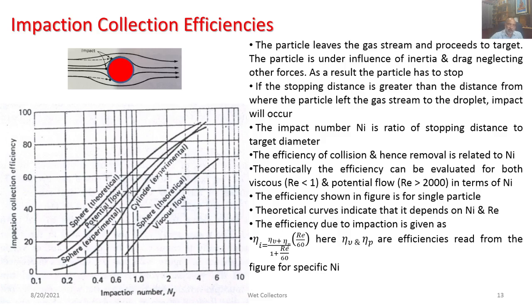It is a function of both the viscous nature as well as the potential nature of the flow. Here the efficiency that is shown in this particular figure is associated for a single particle.